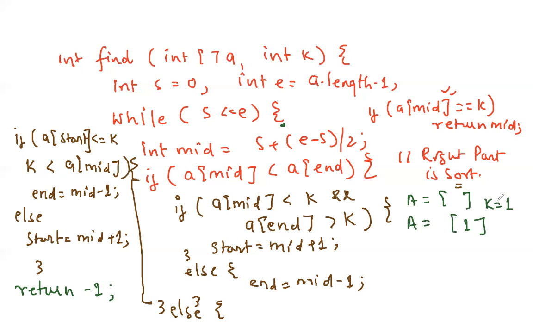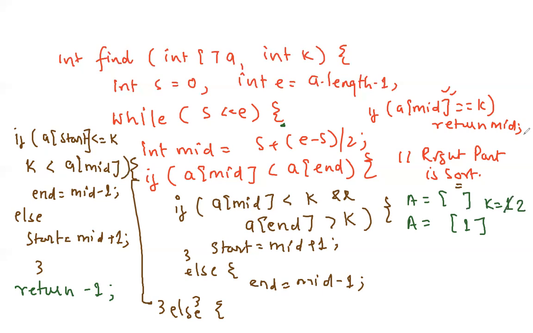So it will return mid, which means 0. Let's say I was looking for key equal to 2. In this case, my s is equal to 0, e is equal to minus 1.